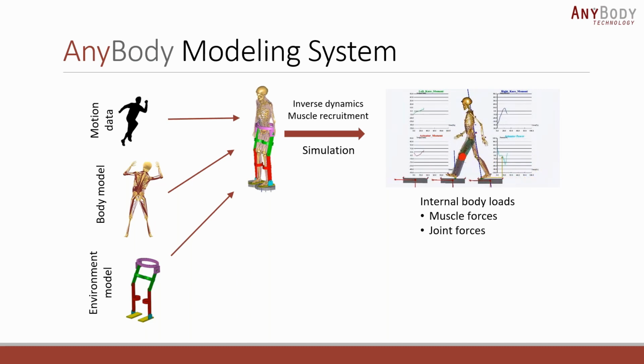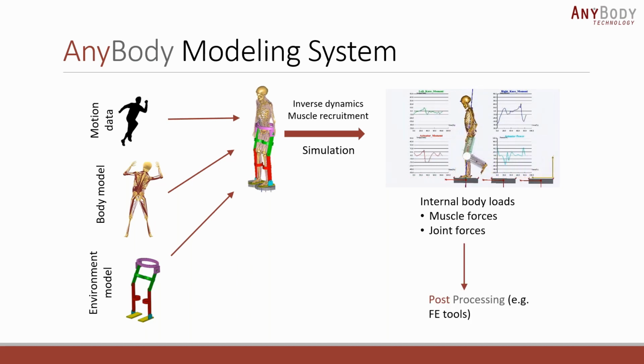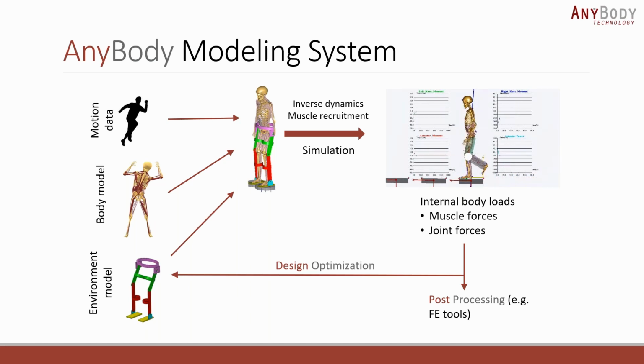It calculates basically what the muscles are doing so that we can find the internal body loads, muscle forces, and joint forces. And those you can then output from the Anybody modeling system to do post-processing, for example, in finite element tools. And some users even close the loop completely to do design optimization, where they would change their environment. In this case, it's an exoskeleton, and then run this loop multiple times.